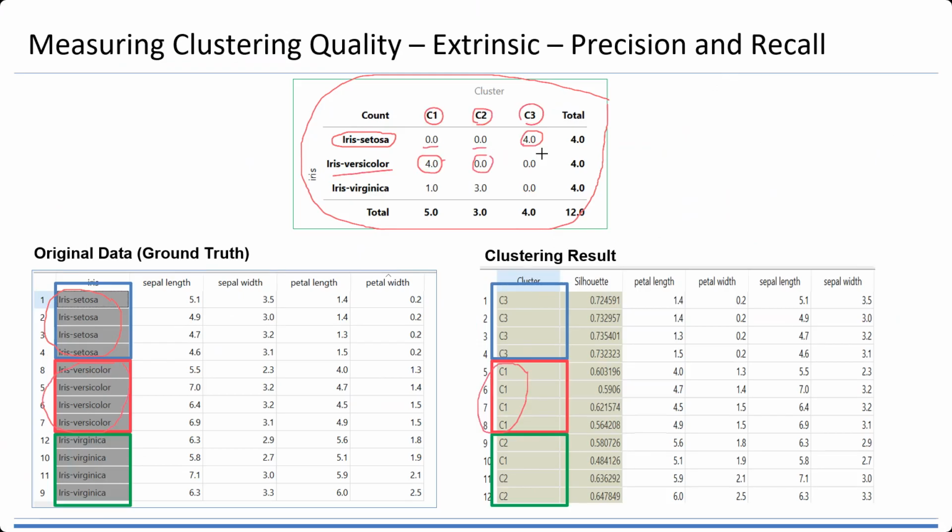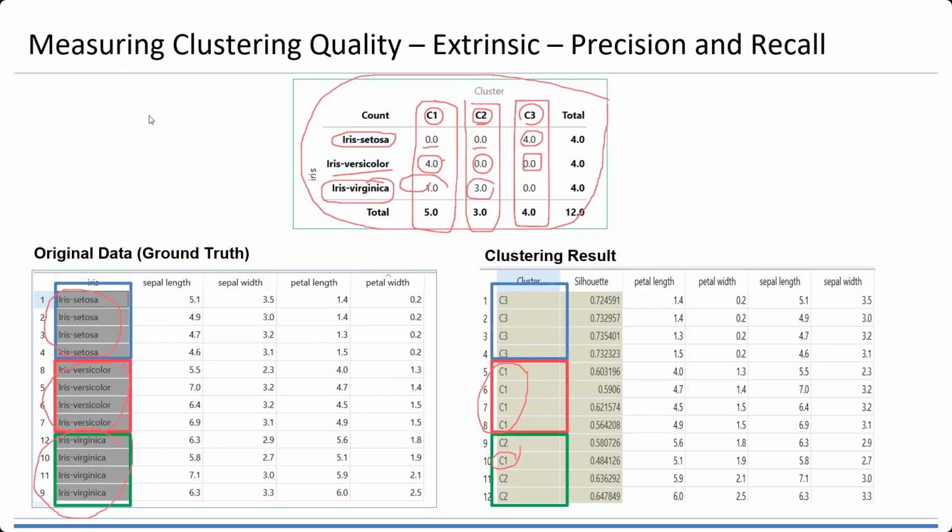C2 is 0 and C3 is 0. What about the Virginica? Virginica here, 1 is in C1 and then 3 is in C2. So we can see here in C1 there are 5, in C2 there are 3, and in C3 there are 4.